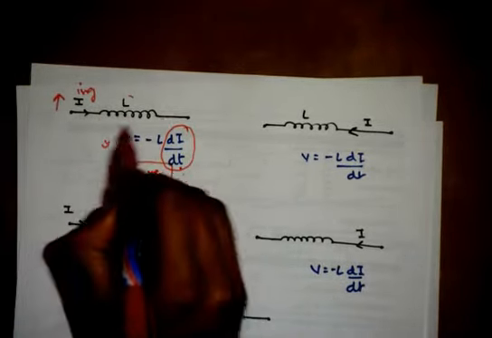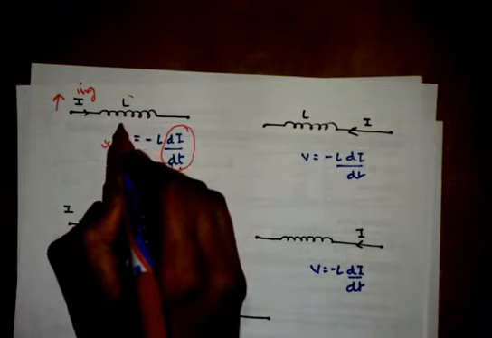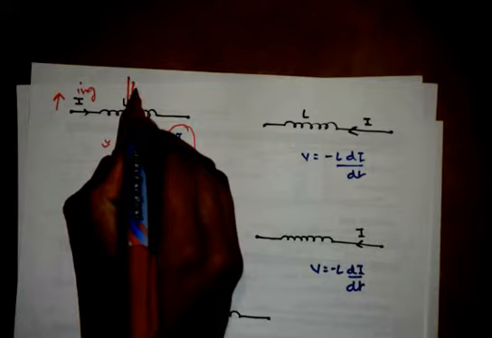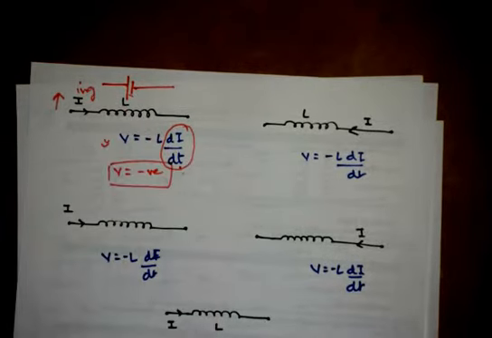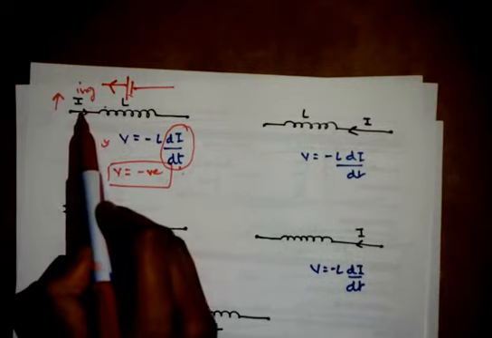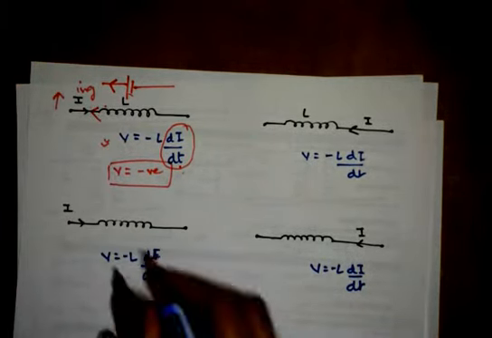So we can replace this inductor with a voltage source, suppose in this way. This EMF source will generate a current which will oppose the direction of this current. Alright, so in this case the voltage induced will be negative.